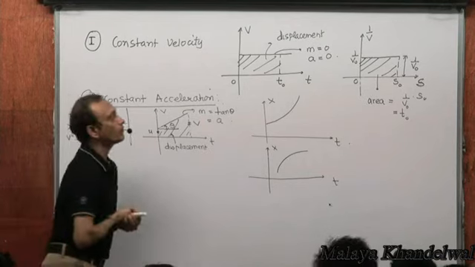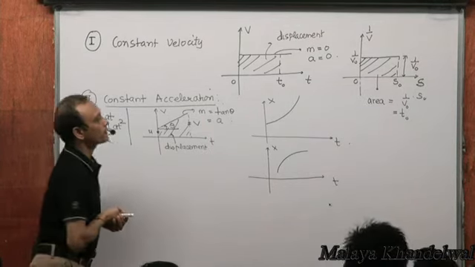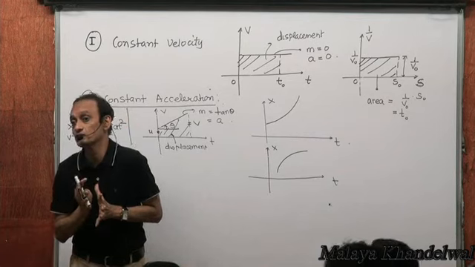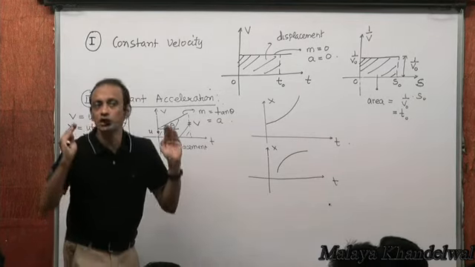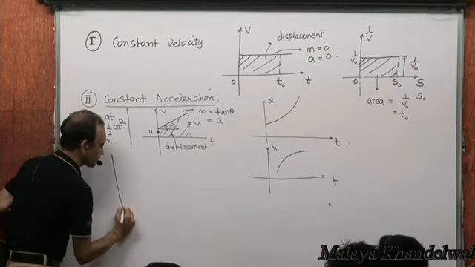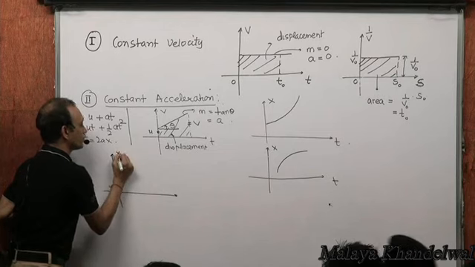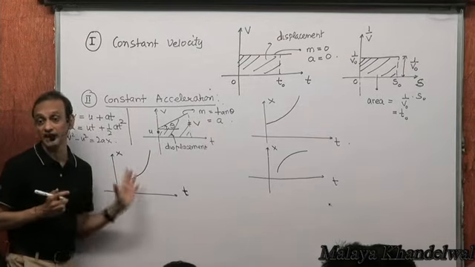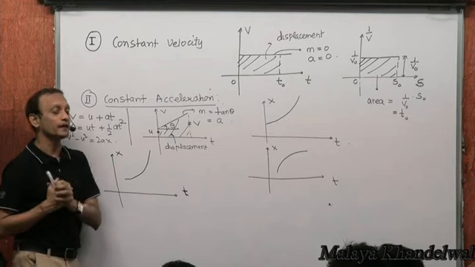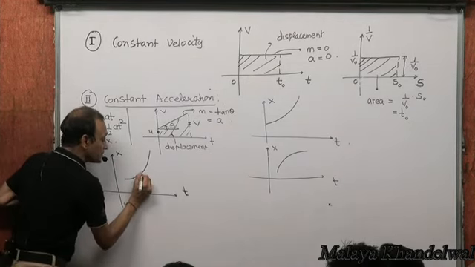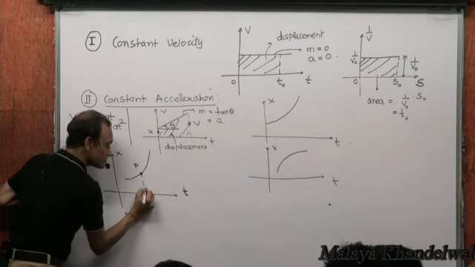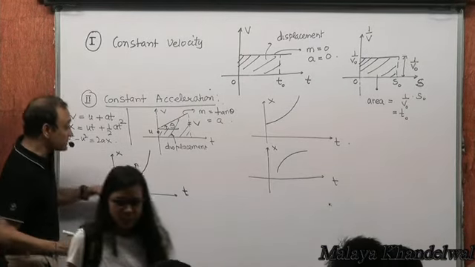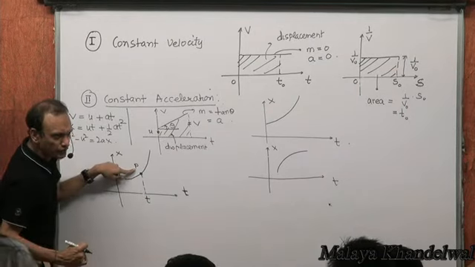So, one of the things that I need to tell you here is that in general, whether it's constant acceleration or not constant acceleration, for a particle moving along a straight line, if somebody gave you the displacement versus time variation graph, then at a given point P, at a given instant of time t, the velocity at the instant of time t, look at the corresponding point on the graph of this function.